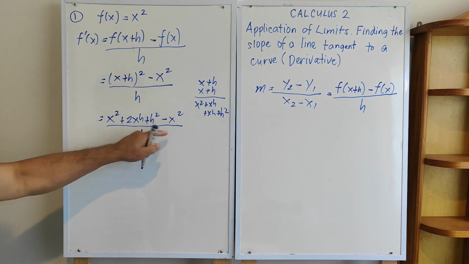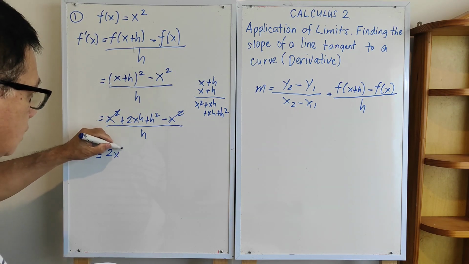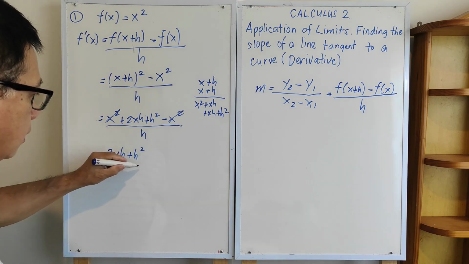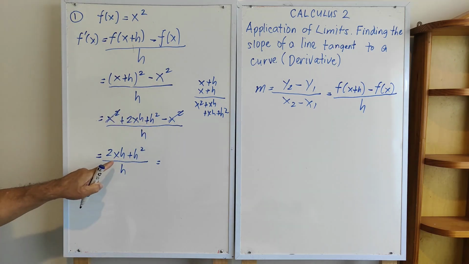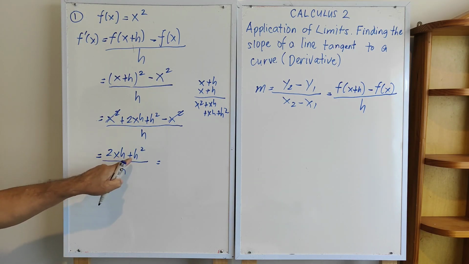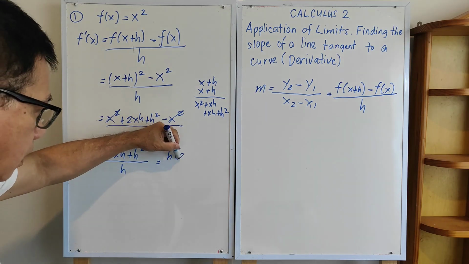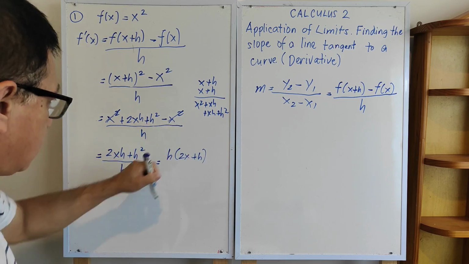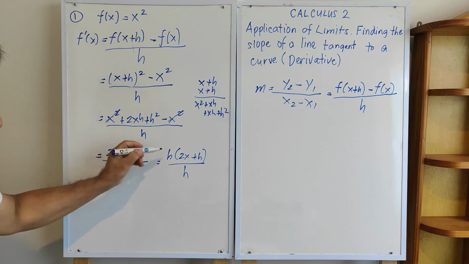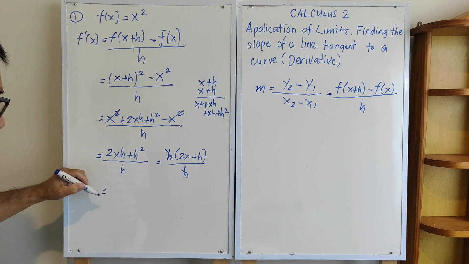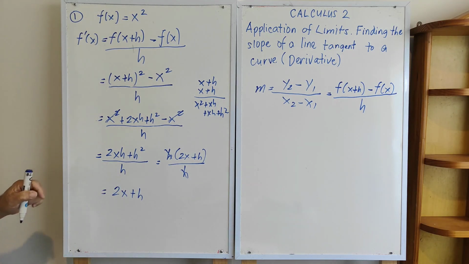Now x squared minus x squared will cancel out. So what you have left is 2xh plus h squared over h. Now on top, both terms have h, so we can factor out h. So h times 2x plus h, and then over h. Now h and h will cancel out, so your general formula will be 2x plus h. This is your derivative.